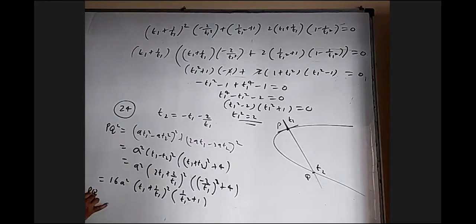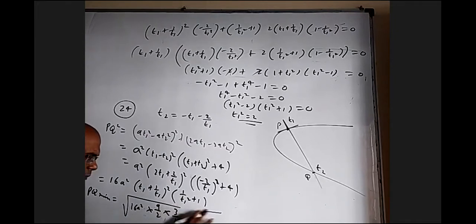So PQ minimum is 16a² into, if I put T1 squared as 2, this will be 2 plus 1, 3, 9 by, this part 1 by 2 plus 1, which is 3 by 4, and 4 will go, 2 and 3, 6a root 3.